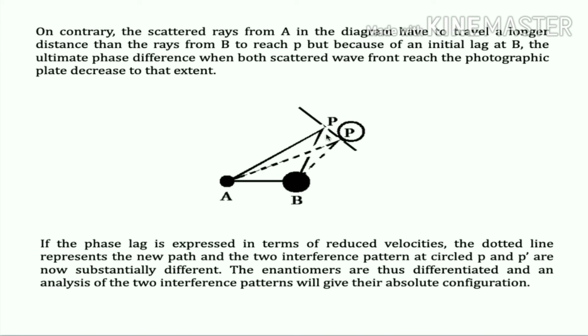Even though B is going to travel a shorter distance, due to the initial lag because of absorption of X-ray, it is going to feel that lag. So even though A has a longer distance to travel to make interference on the photographic plate, the difference will easily be observed.